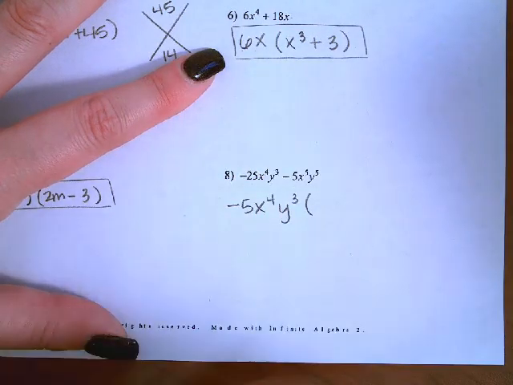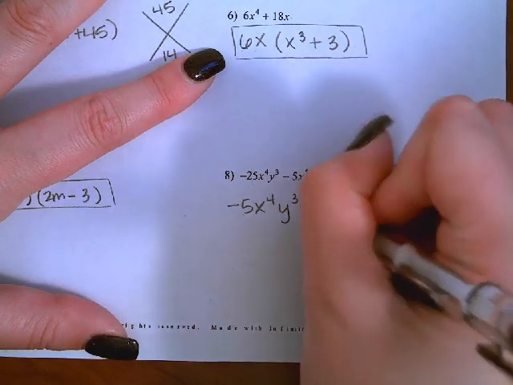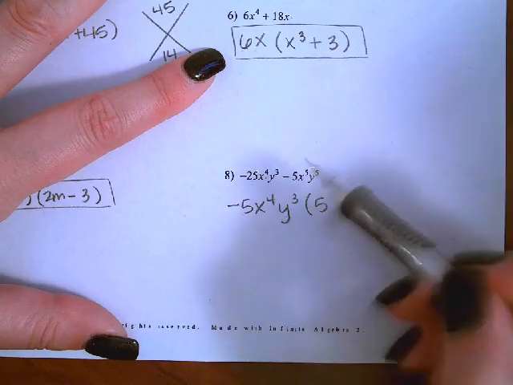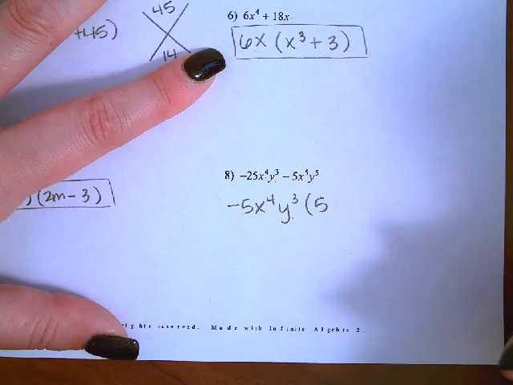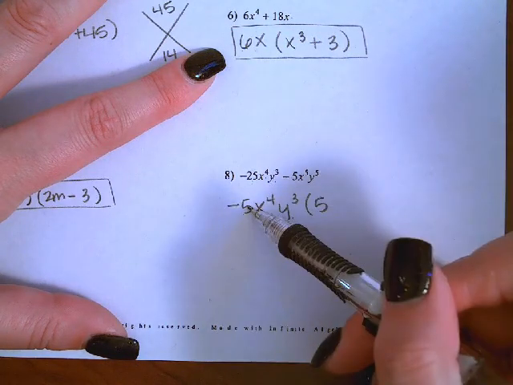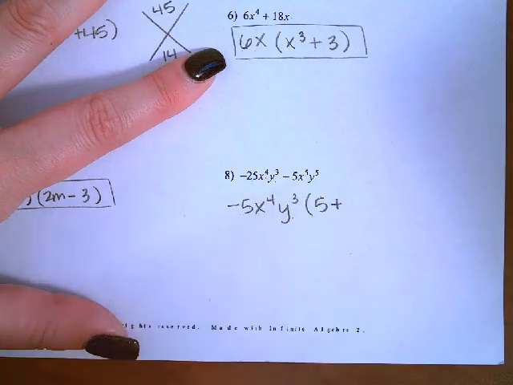All right, so negative 25 divided by negative 5 is 5. I had an x to the 4th, I took it out. I had a y to the 3rd, I took it out. So 5 is all I need for the first term. For the second term, I have negative 5 divided by negative 5. That's going to give me a positive. And since I already took the 5 out, I don't really need to write anything.